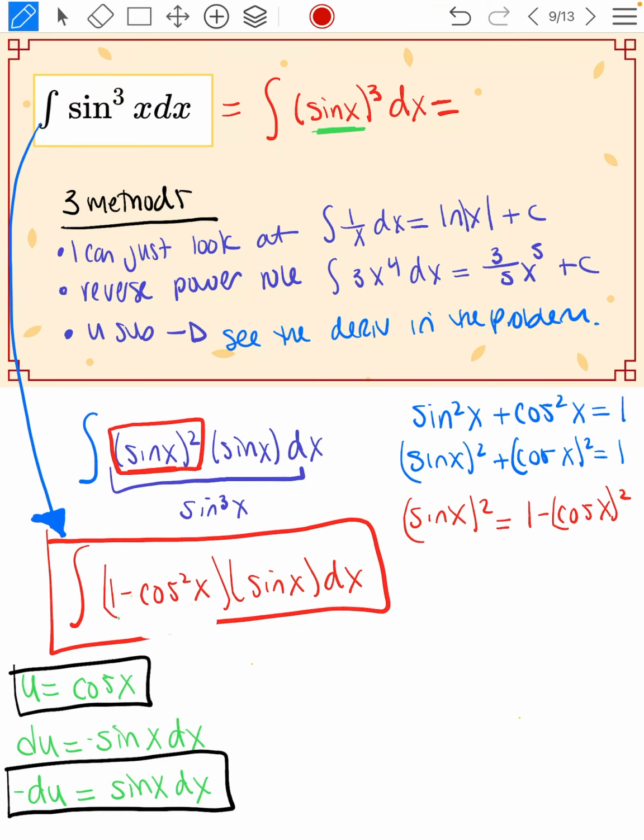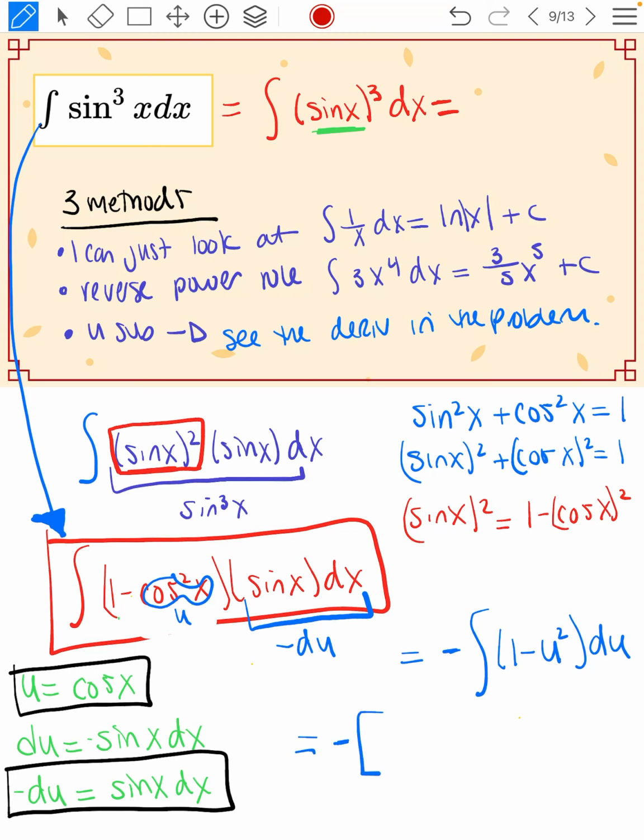Here, one of the cosine x's I'm replacing with u, and sine x dx is getting replaced with negative du. So now my new integral, pulling that negative out front, is going to be 1 minus u squared, right? Because u was just cosine x, and the sine x dx got replaced with negative du. Now I can super easily take the antiderivative. I'm going to keep that negative, don't forget it.